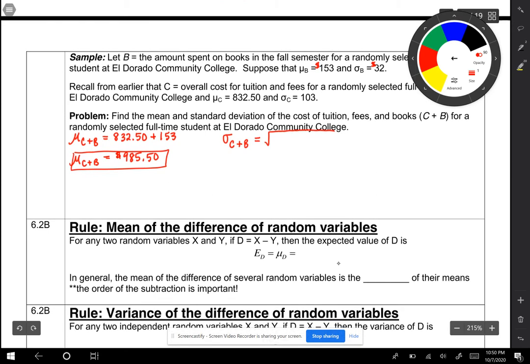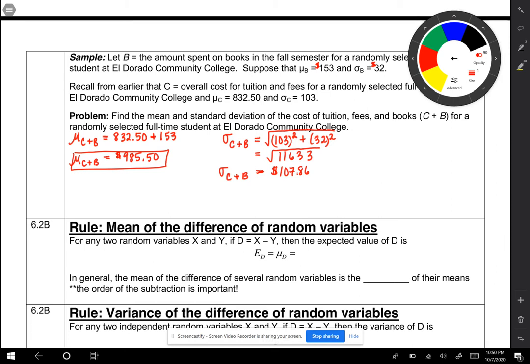So 103 squared plus 32 squared, and that is 11,633. And then the square root of that would be $107.86. So that's the standard deviation of the overall cost with the books. So there you go for that.